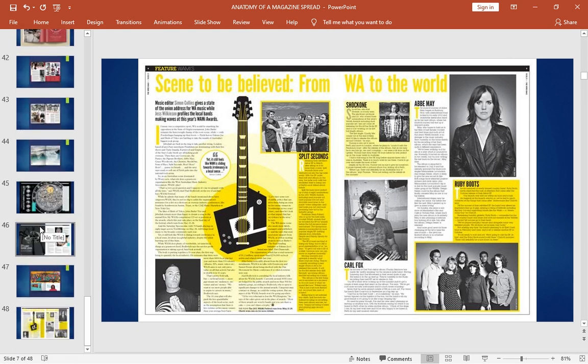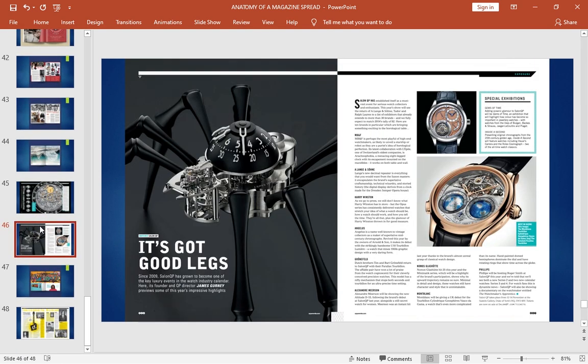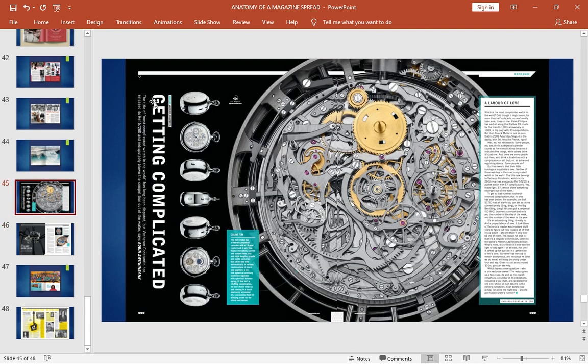With this one, this line over here runs across the entire spread, so it can be considered an eye line. This one also runs across the entire spread, so the line over here can be considered an eye line.